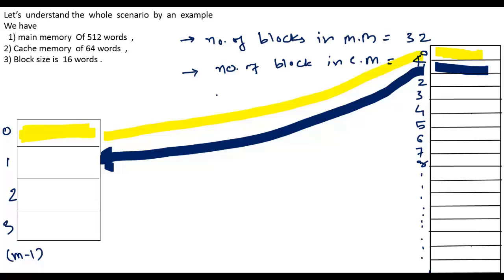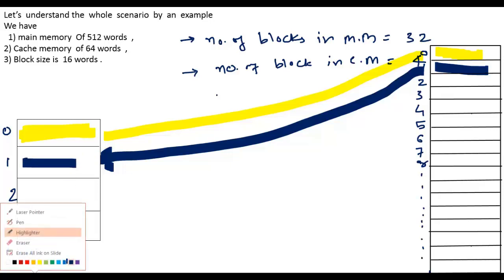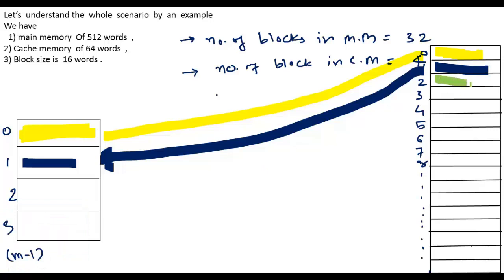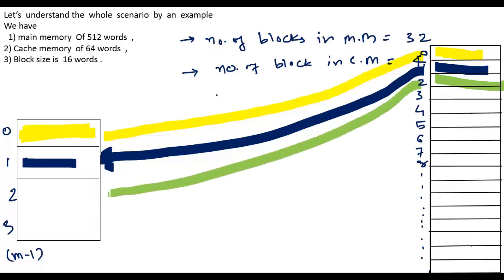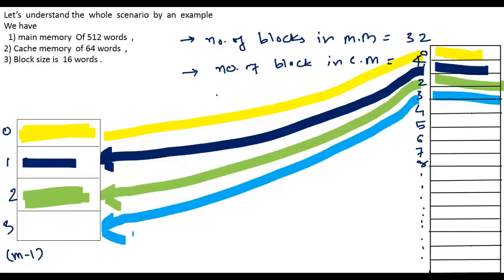So by that rule, the first block of main memory will go to the first block of cache memory, the second block of main memory will go to the second block of cache memory, and the third block to the third block of cache memory.